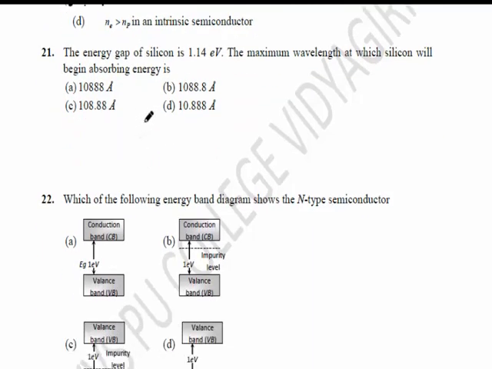21st question. The energy gap of silicon is 1.14 eV. The maximum wavelength at which silicon will begin absorbing energy. You have to convert this energy 1.14 eV into wavelength.